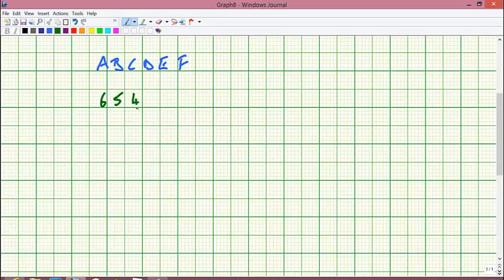So there's 4 there. For the fourth position, there are 3 possibilities. For the fifth position, there's only 2 possibilities. And for the last position, there is 1 possibility. And the total number of possible outcomes are all of these numbers multiplied together. And that's 6 times 5 times 4 times 3 times 2 times 1.